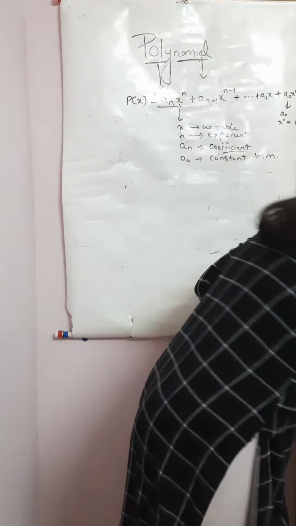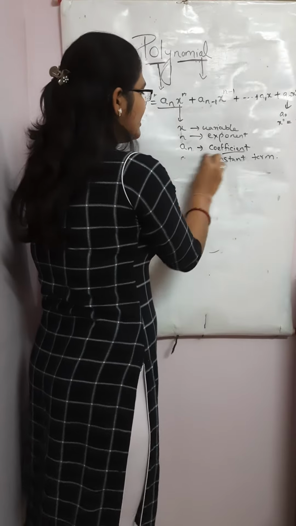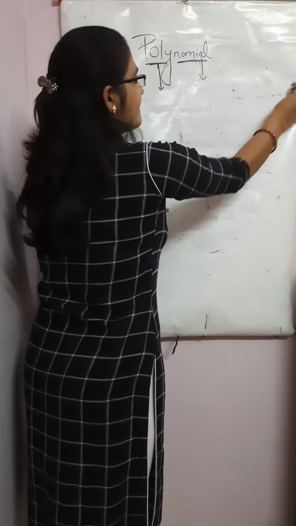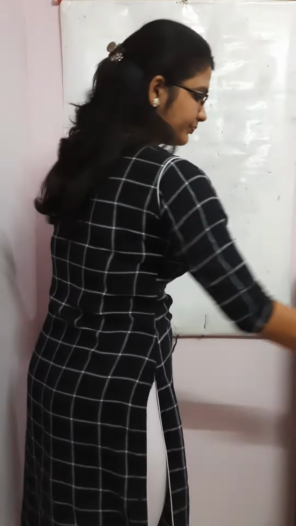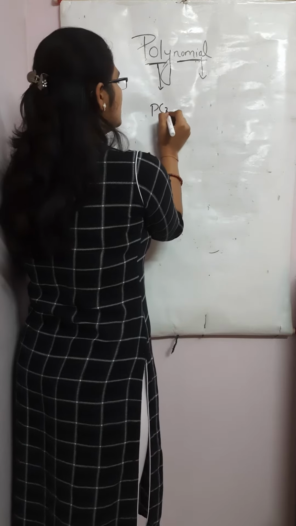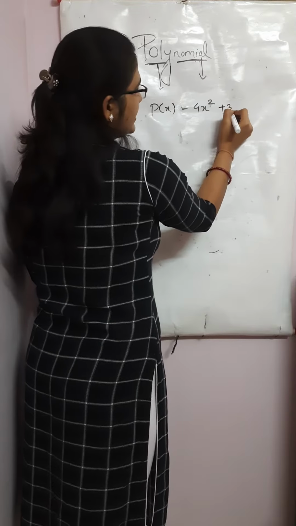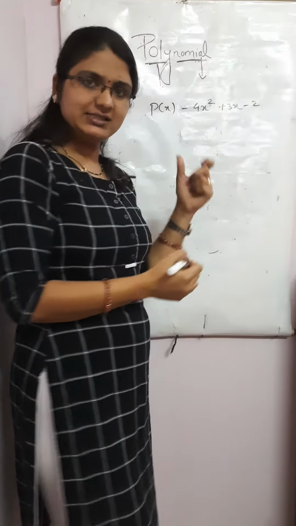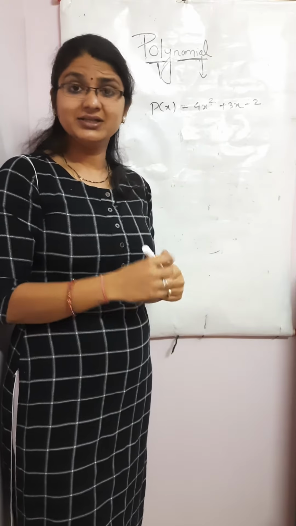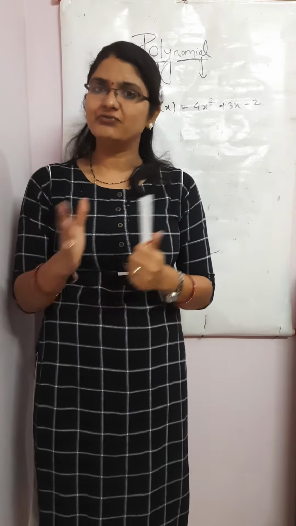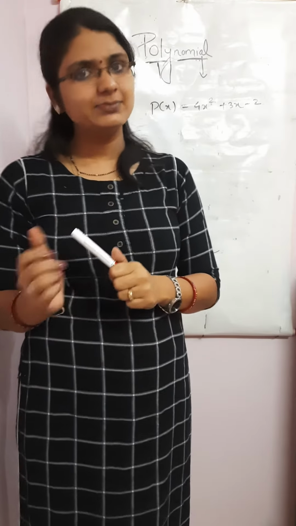Okay. So let us take some example and then check how the polynomial equation looks like. P(x) equals 4x square plus 3x minus 2. Is this a polynomial equation? Yes, because I already said that polynomials are composed of variables, constants and exponent.